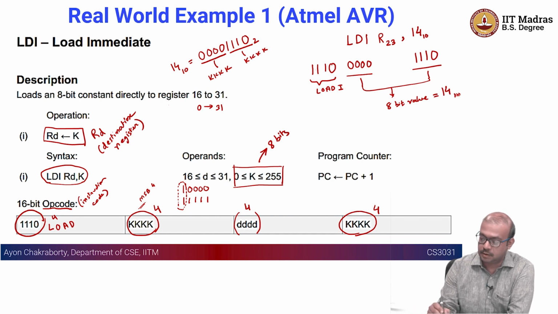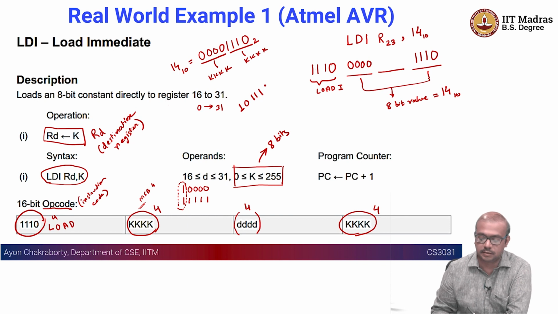Okay, now remains the third nibble, which is I want to express the destination register 23. What is 23? 23 is again 16 plus 7, so 16 plus 7. Okay, I think this should be 23.